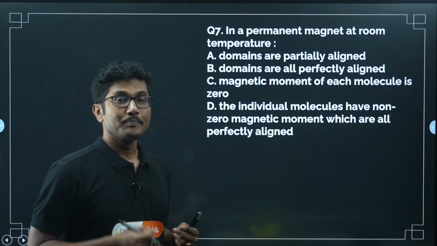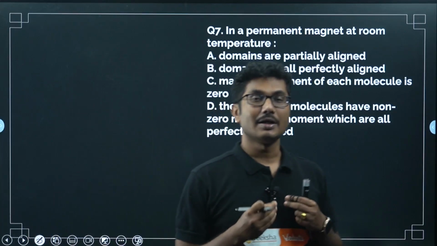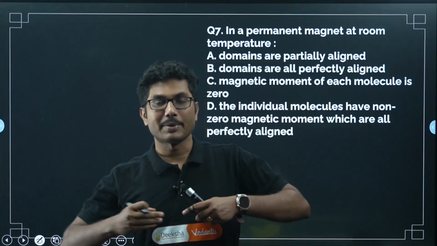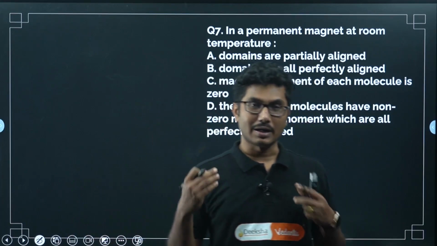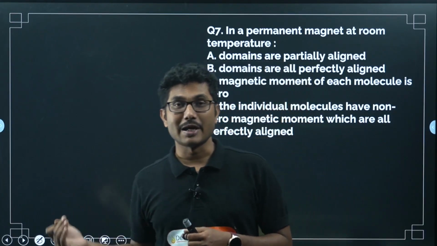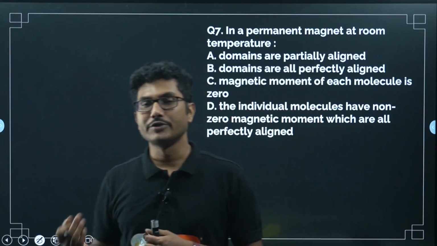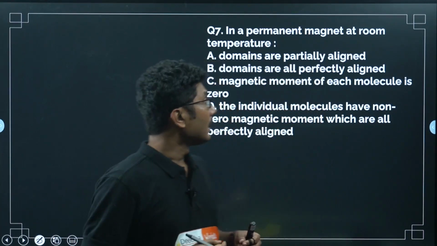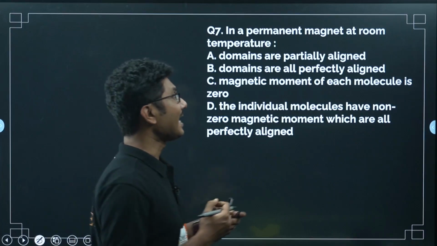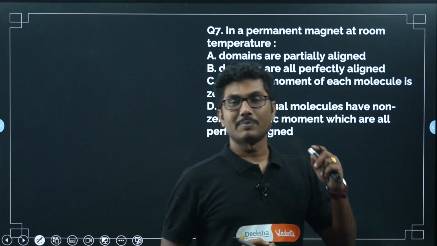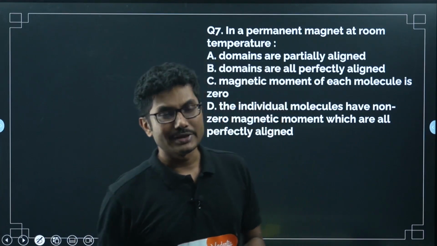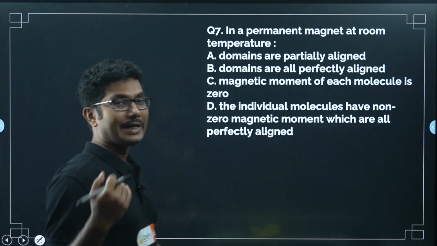Now they are at constant vibration in the presence of temperature. At temperature they are always vibrating. We have learned that. Now only this vibration stops at absolute zero. Other than absolute zero, they are always vibrating. Since they are always vibrating, that means all the domains cannot perfectly align. There will be some mismatch, only partially they can align.